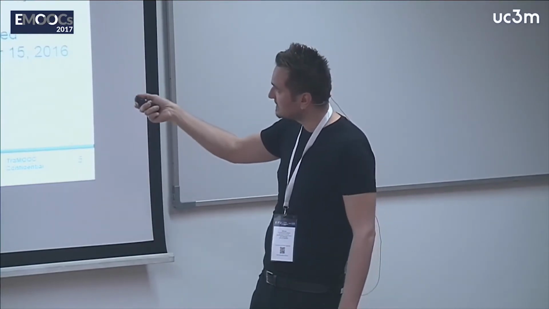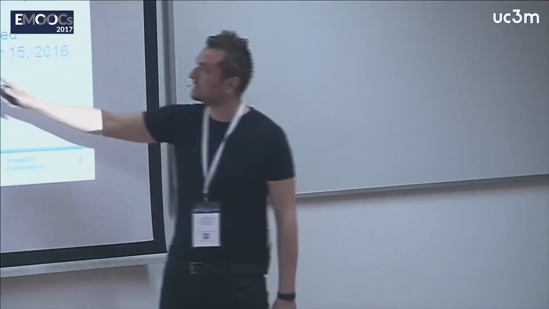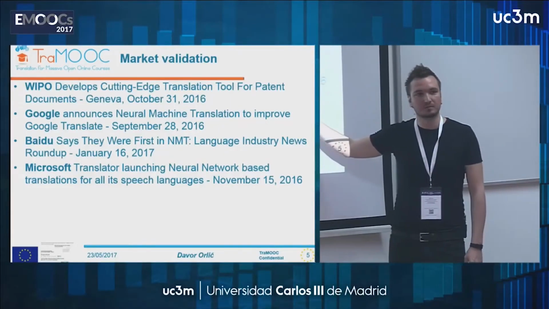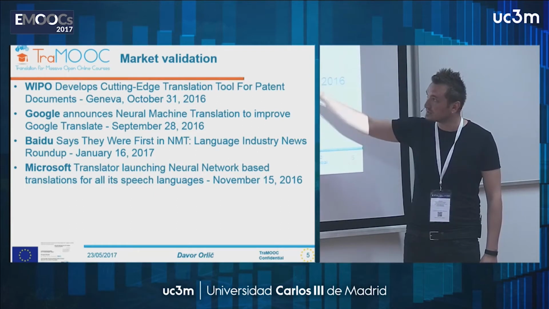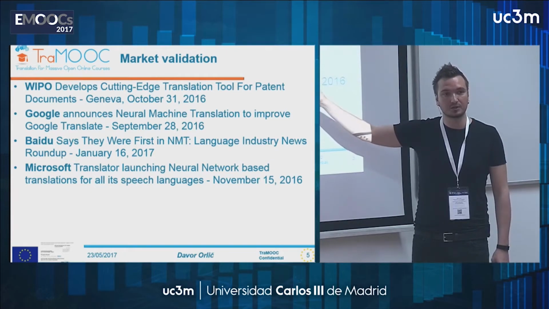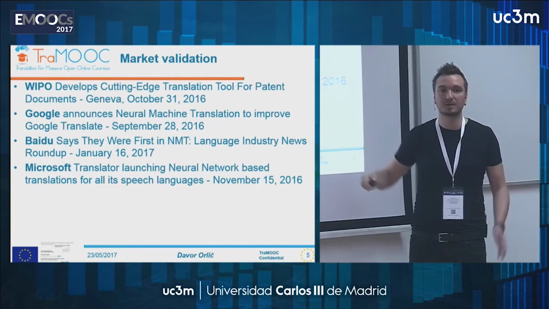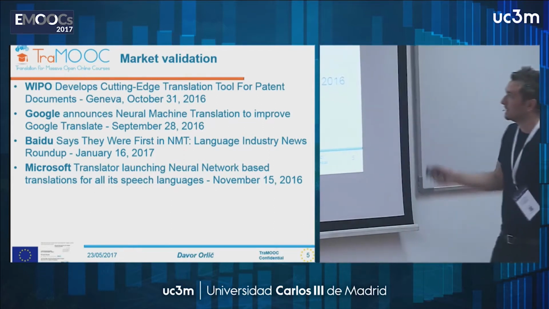Baidu has the same technology, and Microsoft is using the same technology. So what I'm trying to say is that we have a very specific algorithm, which in our terms does magic, right? These players have just recently adopted the same techniques. So what we do here in the educational domain is pretty much state of the art. We're not saying that we're doing magic, but we're getting quite close to it.